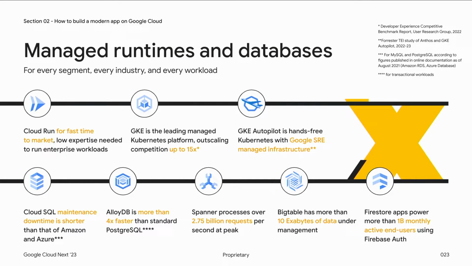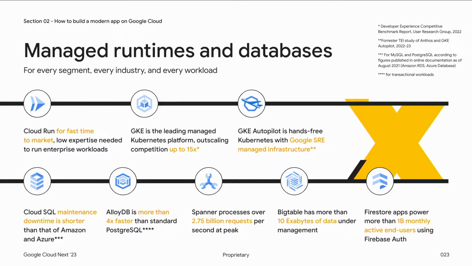So to summarize, when to use what, if you look at the chart here, if we just think about the compute layer and the database layer, for compute, there's really 2 options. Like Harish mentioned before, if you're just getting started, you don't know how successful your app will be, and you want to make sure you're not wasting too many resources, Cloud Run is a good place to start.